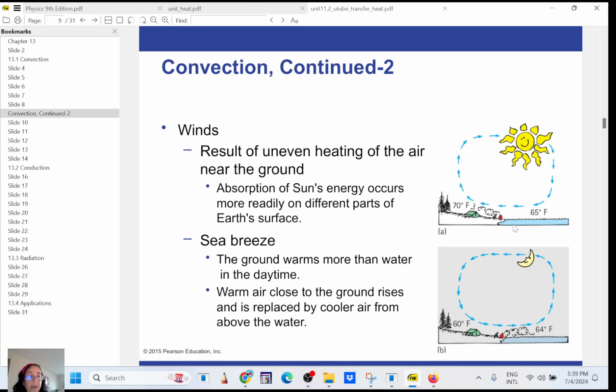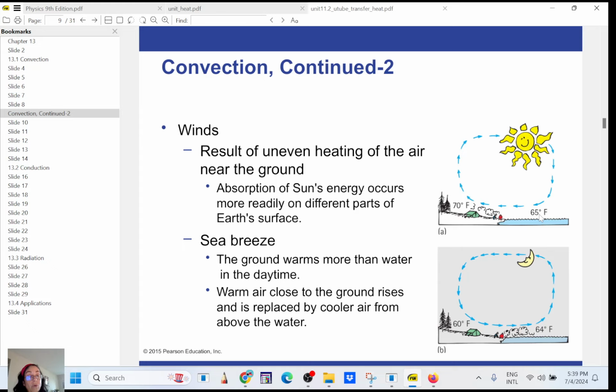And if you live by the ocean during the day, you're going to have the wind blowing, so you have a breeze coming from the ocean. Why? Because you remember water has a specific heat capacity larger than the ground. So it takes a lot of time for water to heat up, right? So the ground here could be at 70 Fahrenheit. Here it could be at 65 Fahrenheit.